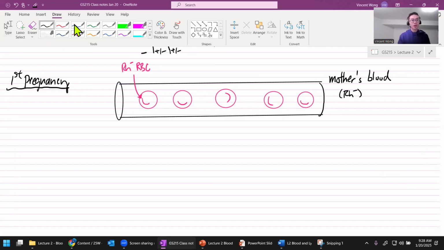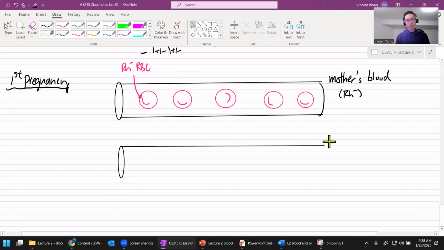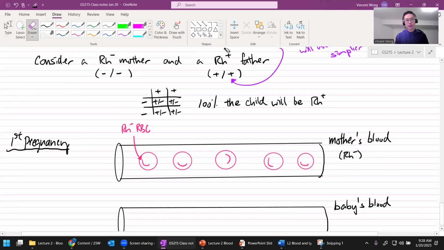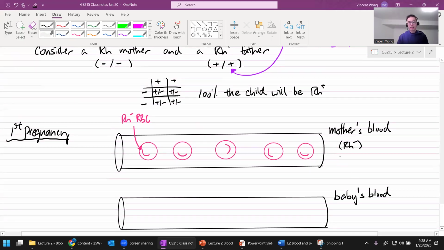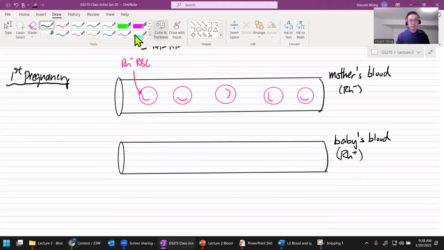And we're gonna draw the baby's blood. Baby's blood right here. Baby. Baby's blood. And because the father is Rh positive, and we look at the Punnett square, the kid will be Rh positive. He's positive slash negative, which means he's positive.